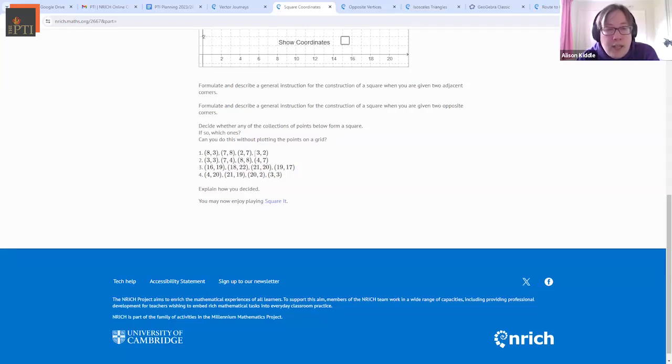So I'm thinking really clearly about the properties of squares. I know the four sides need to be the same length, and I know that the four angles have to be 90 degrees. So this problem is forcing me to think about two things: the lengths of the sides, the distance between two coordinates, and the angles between two lines.